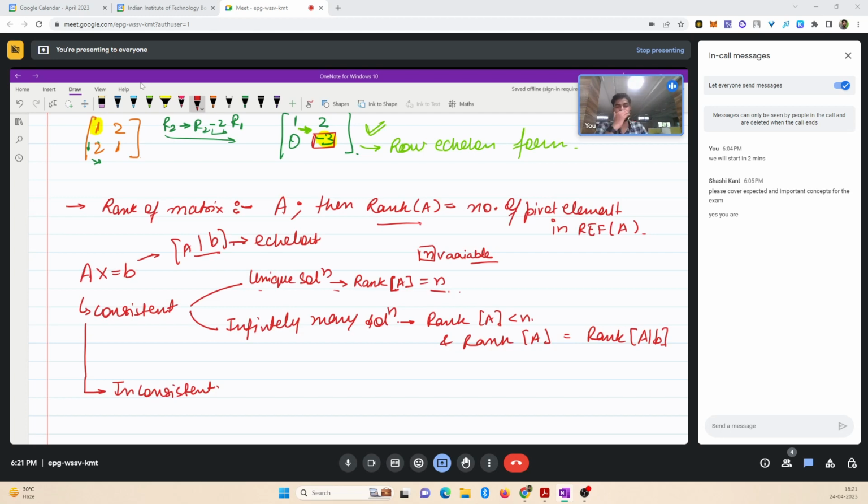What happened is that the rank of A came out to be less than n, but that was equal to your rank of A augmented with B. And inconsistent is the case when your rank of A is strictly less than n and rank of A is not equal to rank of A augmented B.